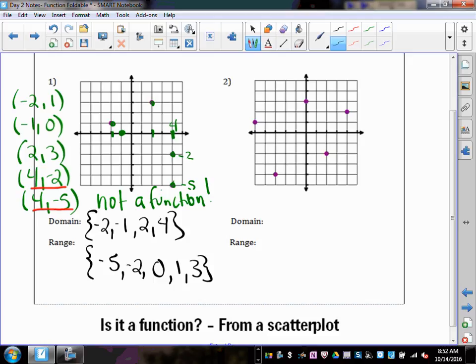Okay, so let's take a look at number 2. Instead of listing as ordered pairs, I could list it as a table, right? I personally like tables better. What is this ordered pair? Oh, negative 5, 1. Good, negative 5, 1. What's this guy?